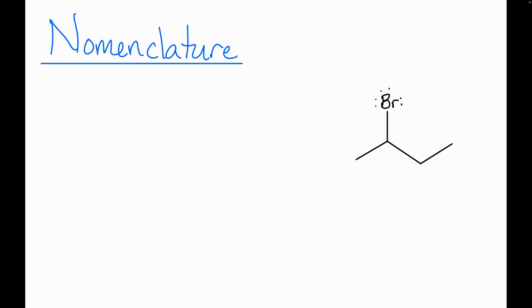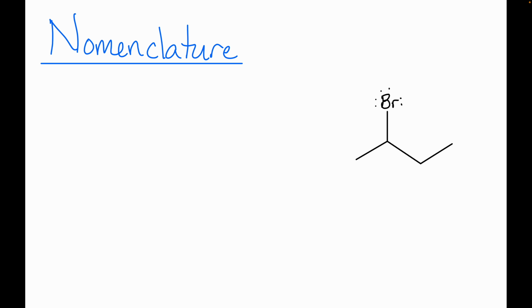So alkanes end in -ane, alkenes end in -ene, alkynes end in -yne, alcohols end in -ol. Usually we're changing the suffix in the back half of our name. For alkyl halides, these halogens are not treated as functional groups that go in the back half of the name. They're treated as substituents. They go in the front half of the name.